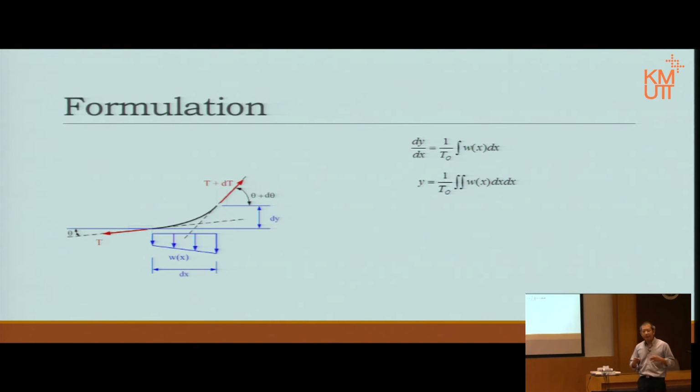Okay. Now, just for example, to simplify the calculation so that we see the picture clearer. Okay, we will focus now on the case where W is a constant. Basically, it is the uniformly distributed load.